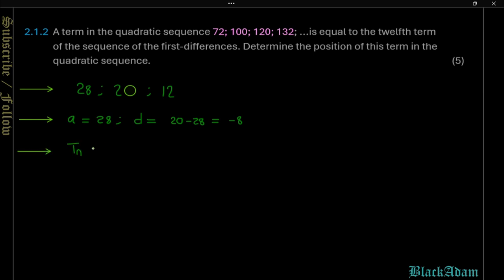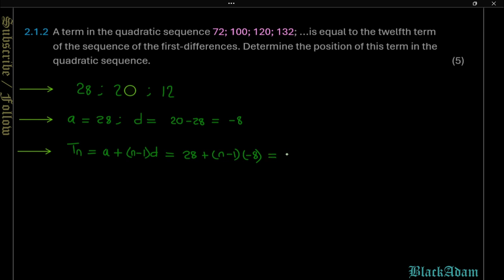Then Tn, according to arithmetic sequences, is a plus n minus 1 multiplied by d. So our a is 28, plus n minus 1 multiplied by negative 8.